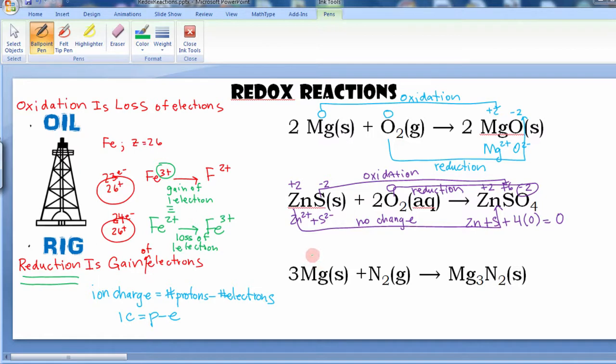Let's assign oxidation states. Magnesium solid, oxidation state of 0. Nitrogen gas, oxidation state of 0. Refer back to your rules if you don't understand why. Okay. Now look at this. Magnesium nitride.